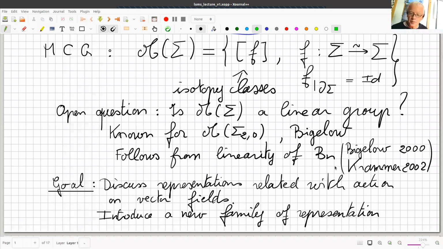So just have in mind that each time we produce a new finite dimensional representation of mapping class groups, we can ask about the kernel and hope this kernel could be trivial, which would solve this very strong question.